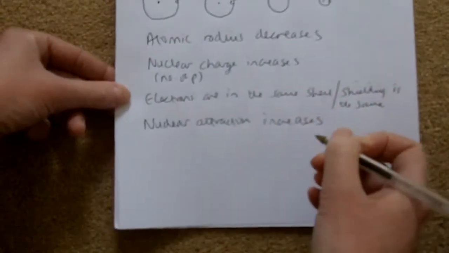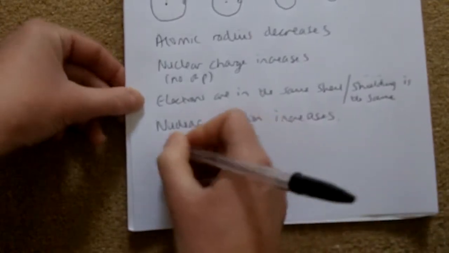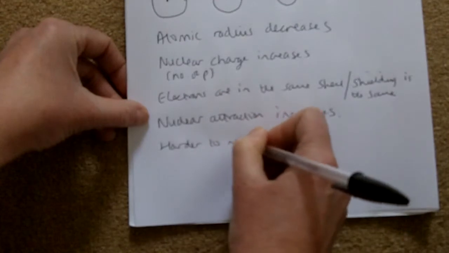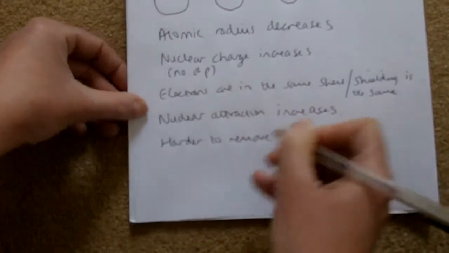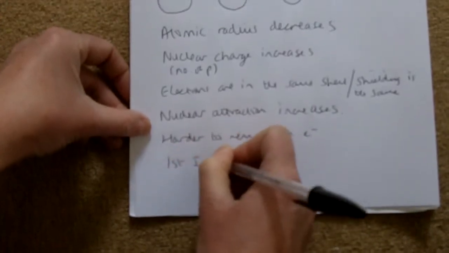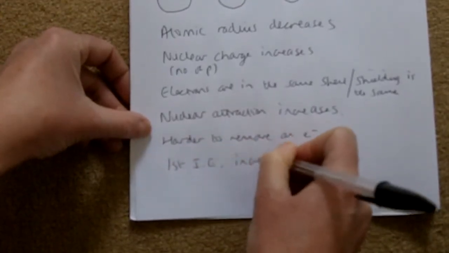There's more attraction, so it becomes harder to remove an electron as you go across. And so as you go across, the first ionization energy increases.